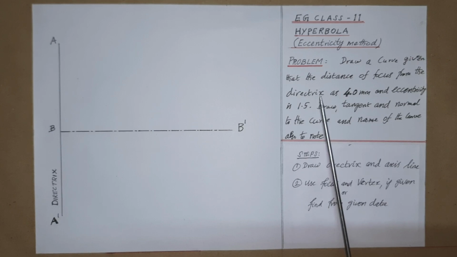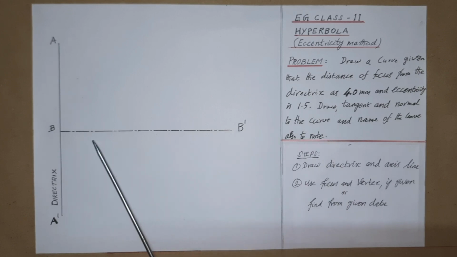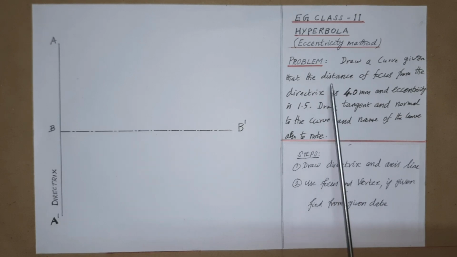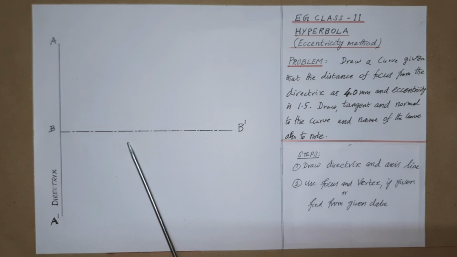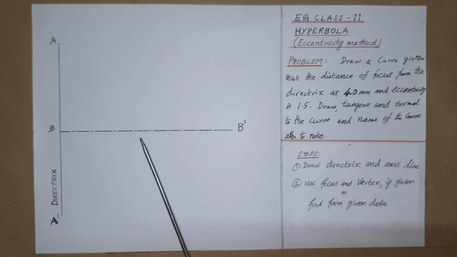But if it is not given, then the V and F point locations are necessary to decide from any of the given data. That is why in this problem we have to follow step 3 to find them.